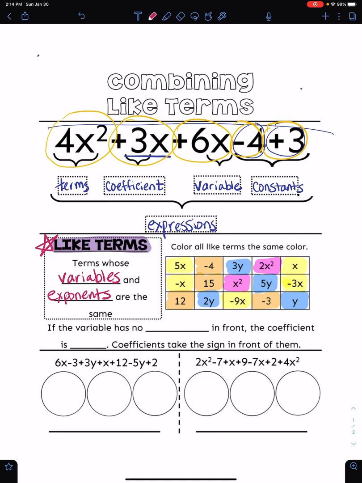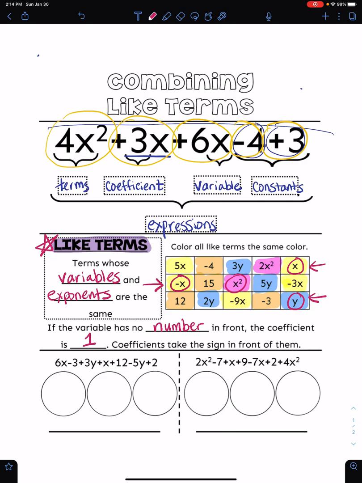Some things to keep in mind: if a variable has no number in the front, let's look up at that box and see, like here's one that doesn't have a number in the front, here's one, here's one, here's one. So they don't have a number in the front. The coefficient is a 1. So this one would be 1x, 1y. This one would be -1y.